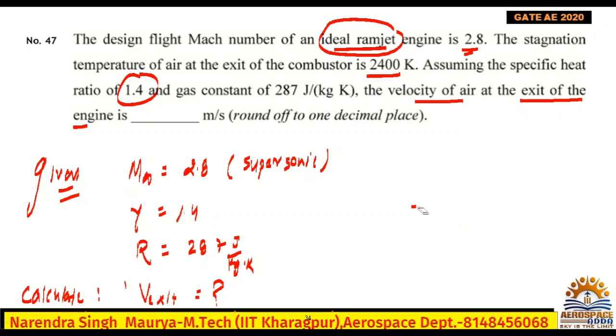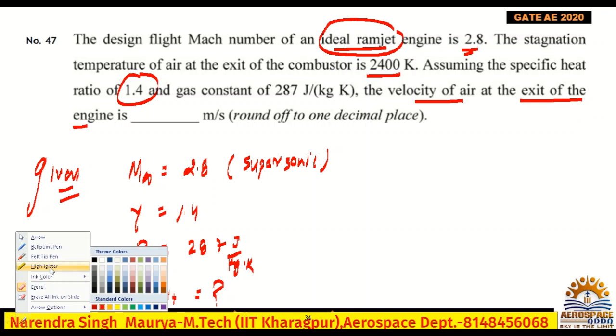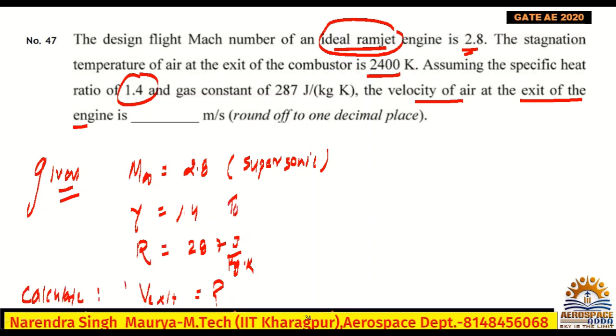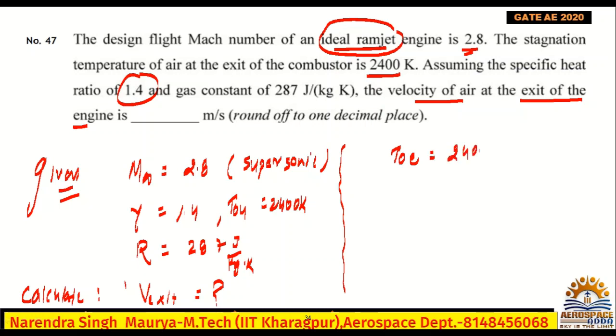I will write T04, which is 2400 Kelvin. So we have T0E, which is nothing but 2400 Kelvin. I told you, yes or no? Because T04, the exit of combustion chamber temperature, will also be equal to the total temperature at the exit of the nozzle.